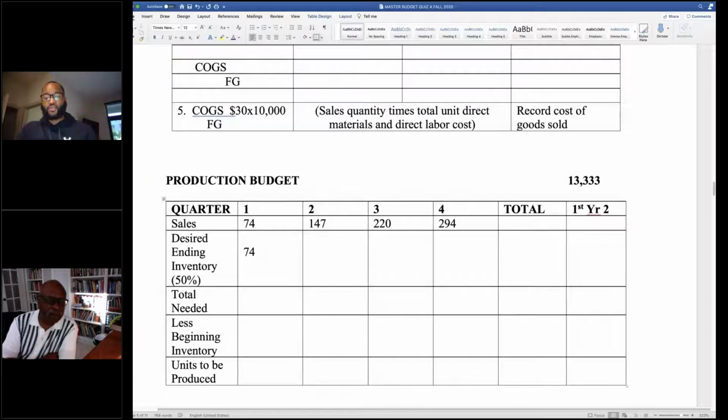So 74 plus 74. You were going all around the barn, going back to the assumptions, and you didn't have to do any of that. So what's the total need? 148. I'll put 148 in. Can you do that? Yeah.